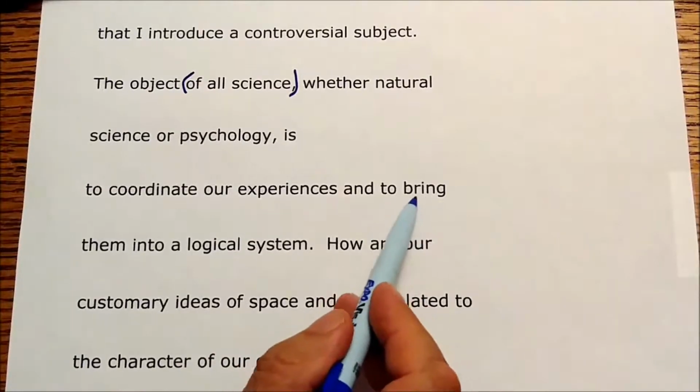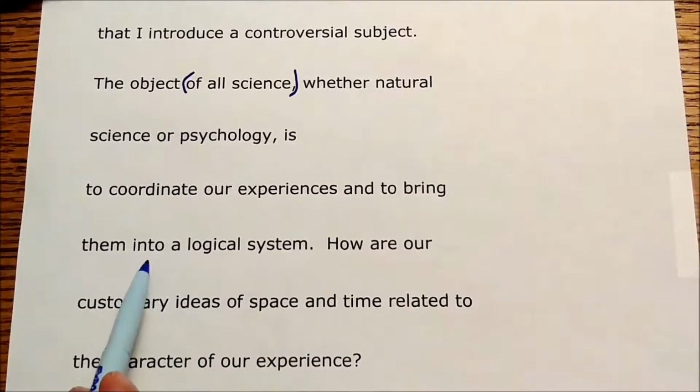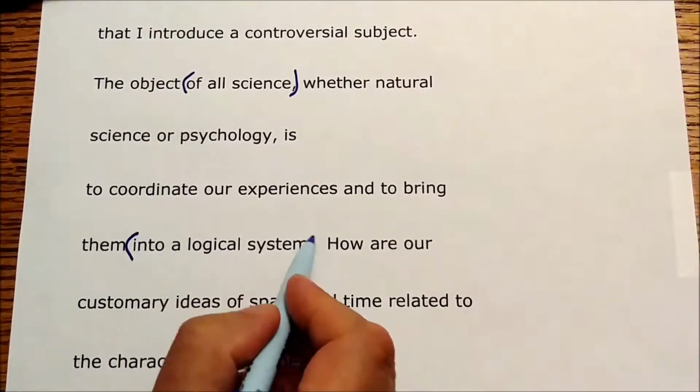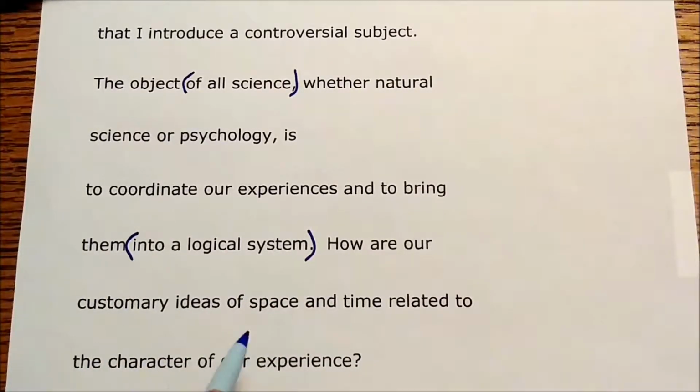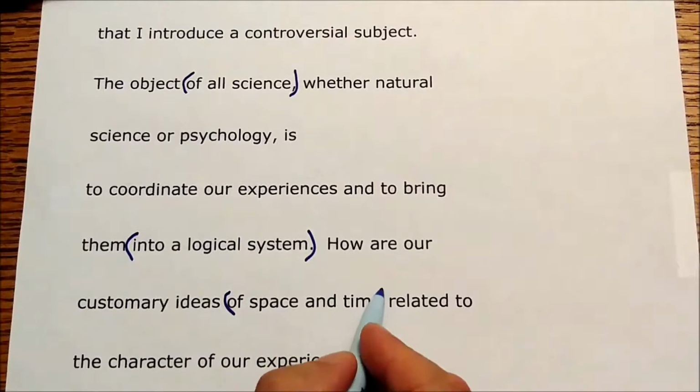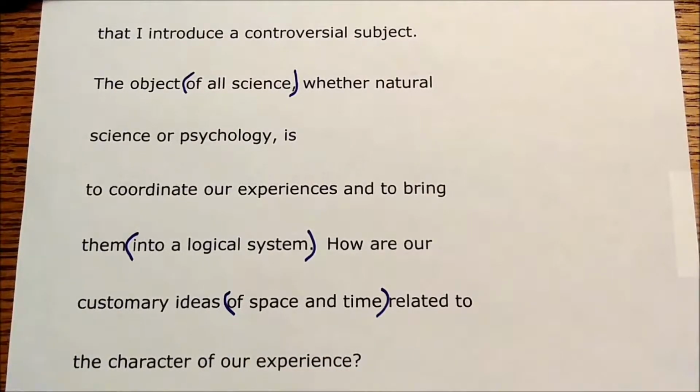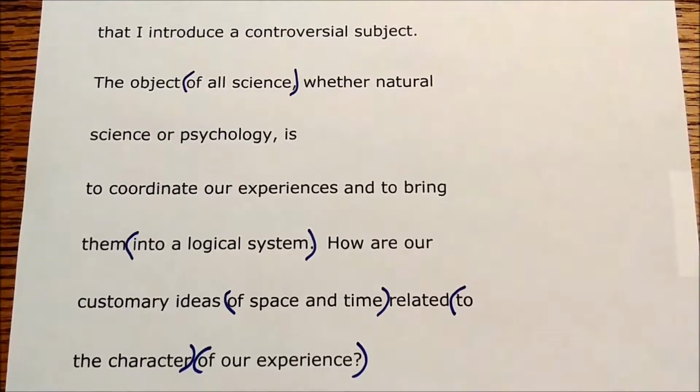To bring is also a verb. Okay, into a logical system, because into is a preposition. Of space and time, of is a preposition. Related to the character, in this case, it's a preposition, and of our experience. So as you can see, quite a number of prepositional phrases.